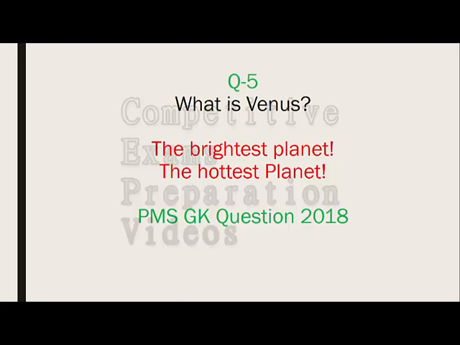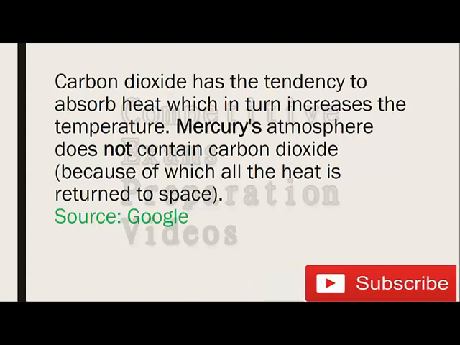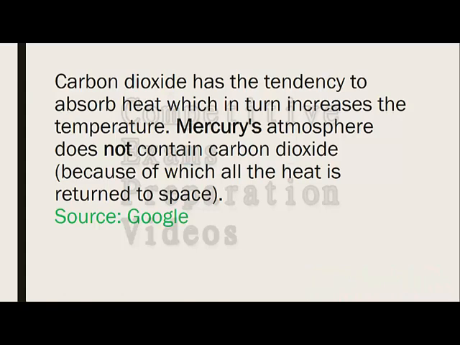Why is Mercury not the hottest and brightest planet? I'll tell you. Carbon dioxide has the tendency to absorb heat, which in turn increases the temperature. Mercury's atmosphere does not contain carbon dioxide, because of which all the heat is returned to space. You might be thinking that Mercury is nearer to the sun, then why is Venus hottest? Well, Venus is second in number. Mercury is not hottest because carbon dioxide is not found in its atmosphere.